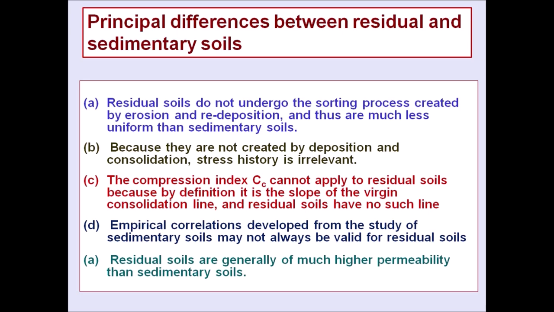Because they are not created by deposition and consolidation, stress history has no relevance to residual soils. The compression index Cc cannot apply to residual soils, because by definition it is the slope of the virgin consolidation line, and residual soils have no such line simply because they weren't formed by a consolidation process. Empirical relations developed from the study of sedimentary soils may not always be valid for residual soils.